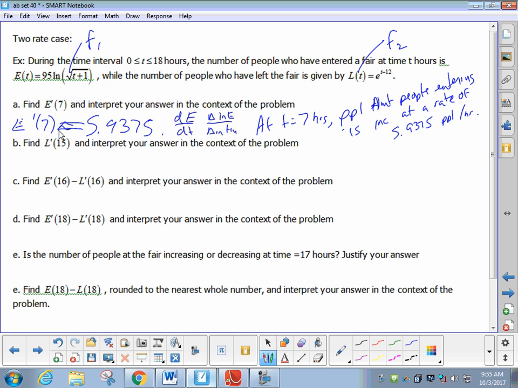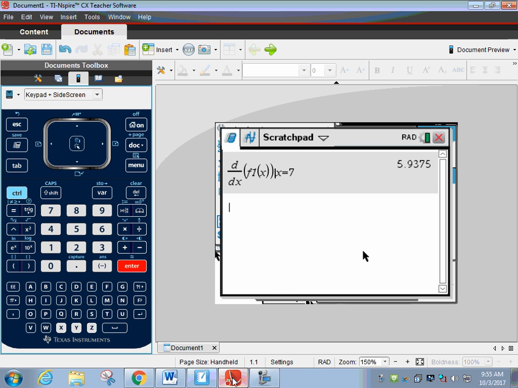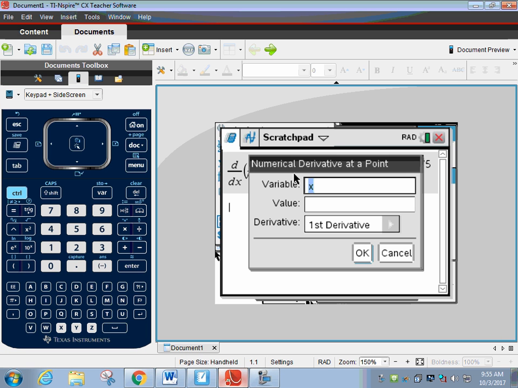Okay. How about L prime at 15? Please find and interpret that. What's that in F2?